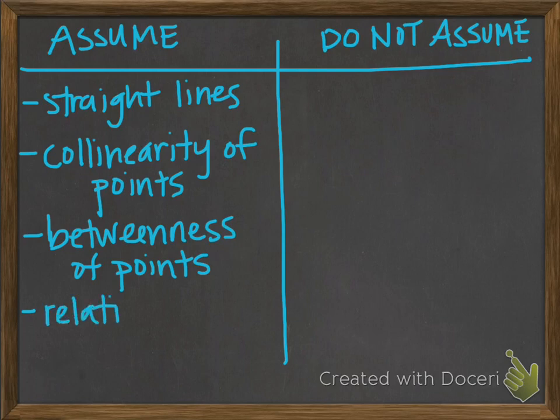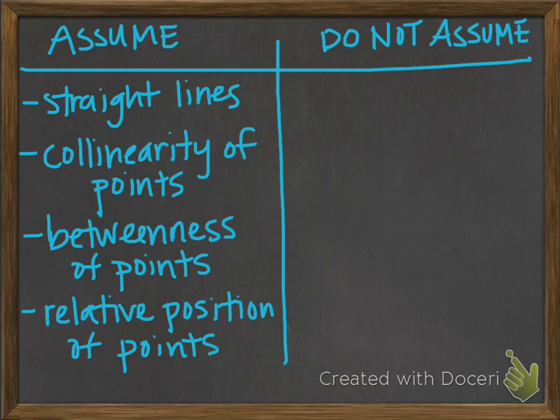Relative position is how something or where something is located related to something else. So, for example, in our drawings that we did on the other page, D was to the left of E and F. That's how the position of the points relate to one another. F is to the right of E, E is to the right of D. So that's relative position. So there's not a whole lot we can assume.